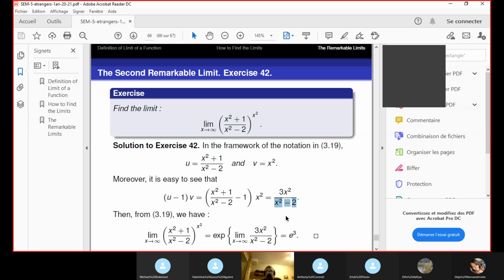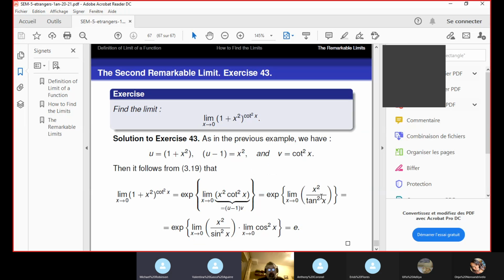I hope you have no problems here, and the limit is 3, then the desired limit will be e to the power 3, e cubed. I agree. You agree? Yes. Mikhail? Yes. Good.